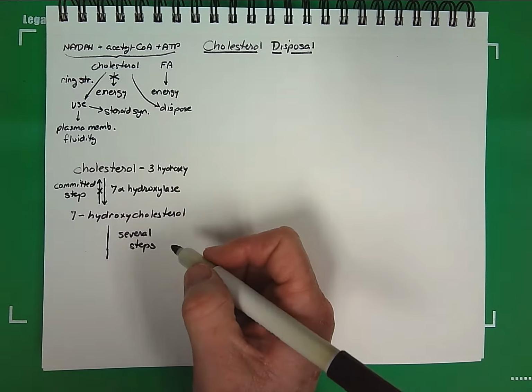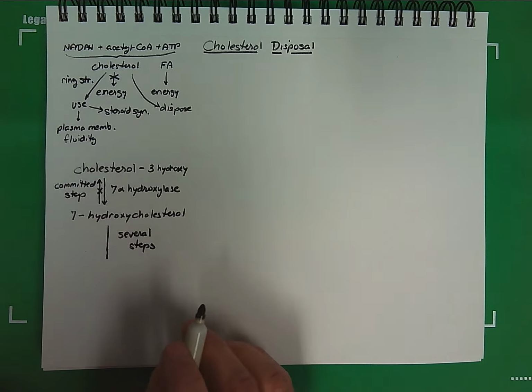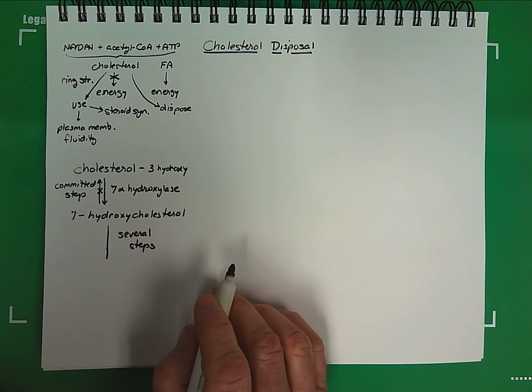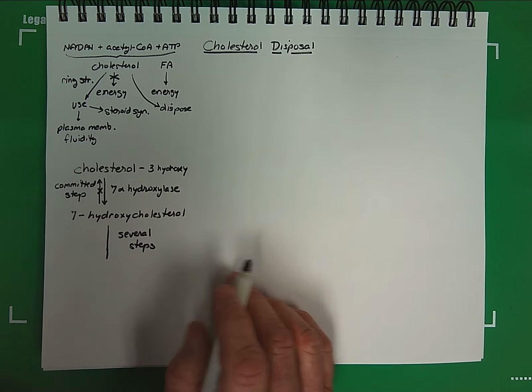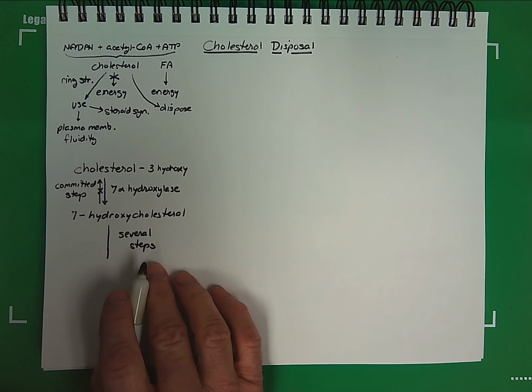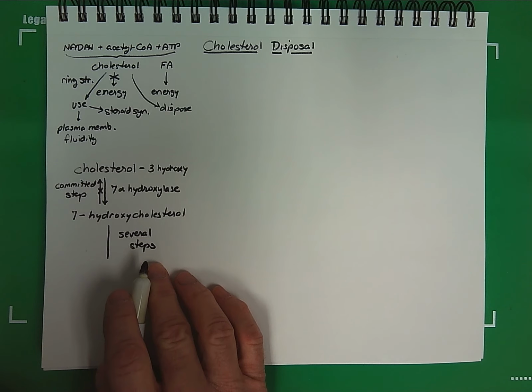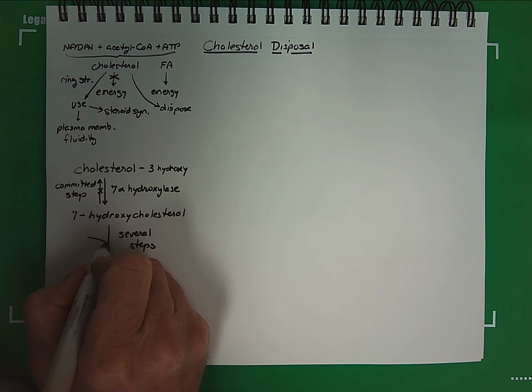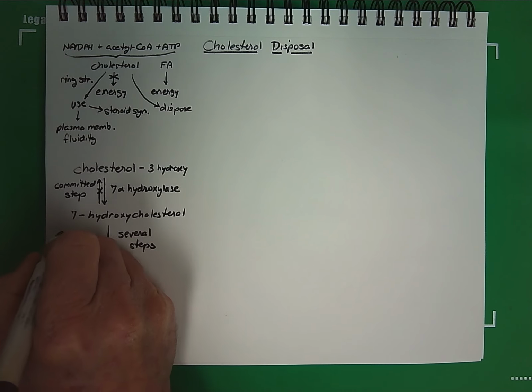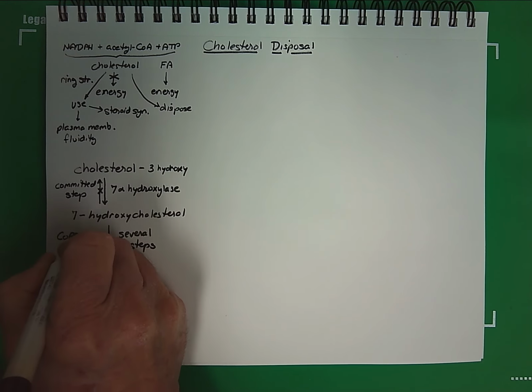And these steps include another hydroxylation reaction and also a shortening of the hydrophobic tail of the cholesterol molecule, which is on the D chain. The other addition is we are going to be charging up the molecule by adding a coenzyme A.